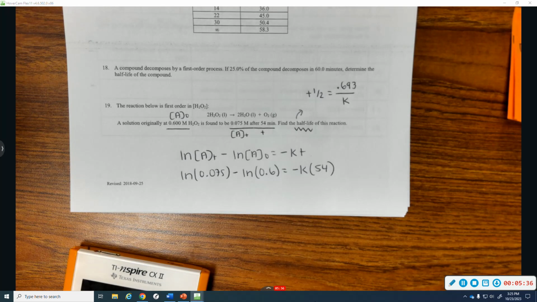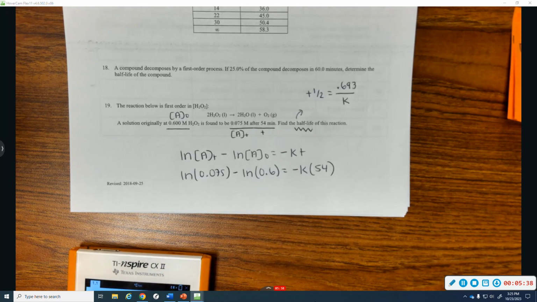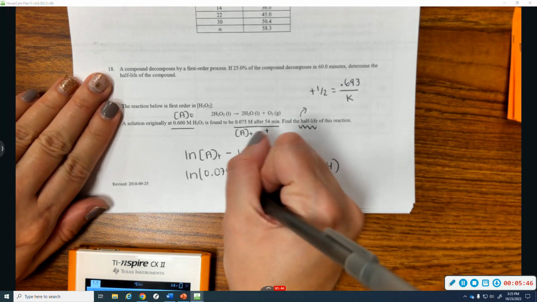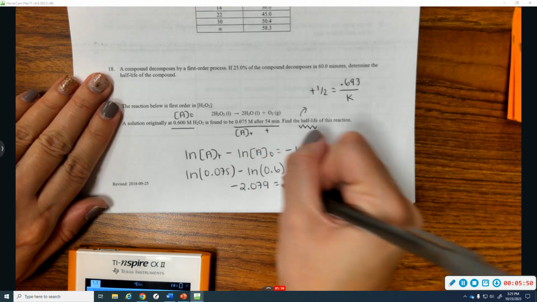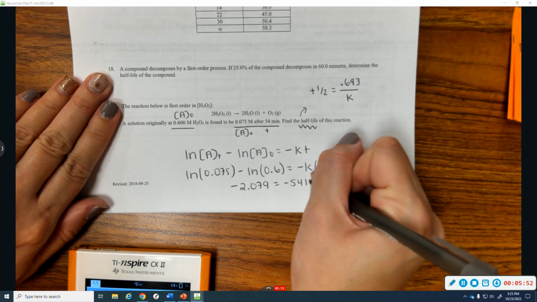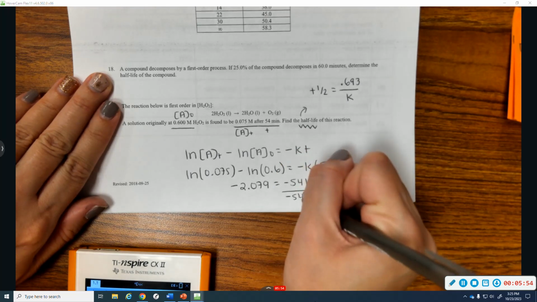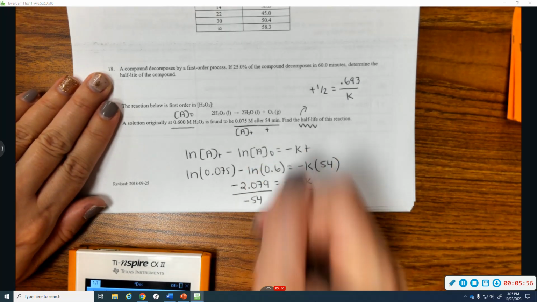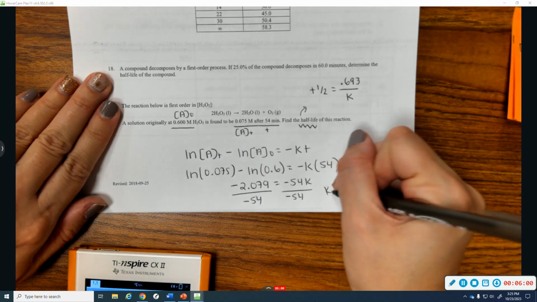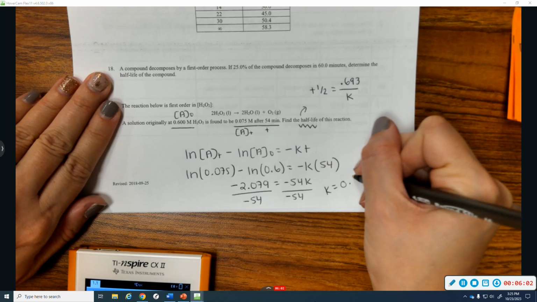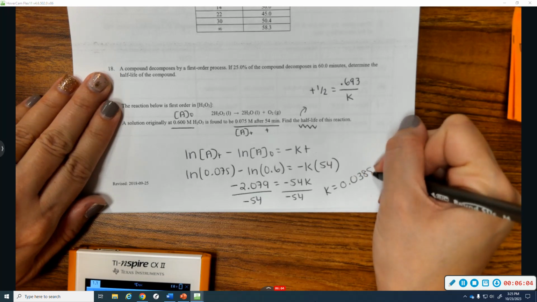And again, just be really careful with signs on this problem so that you don't mess a sign up. When I do those, I get negative 2.079 equals negative 54k. Divide both sides by negative 54, and we get k equals 0.0385.